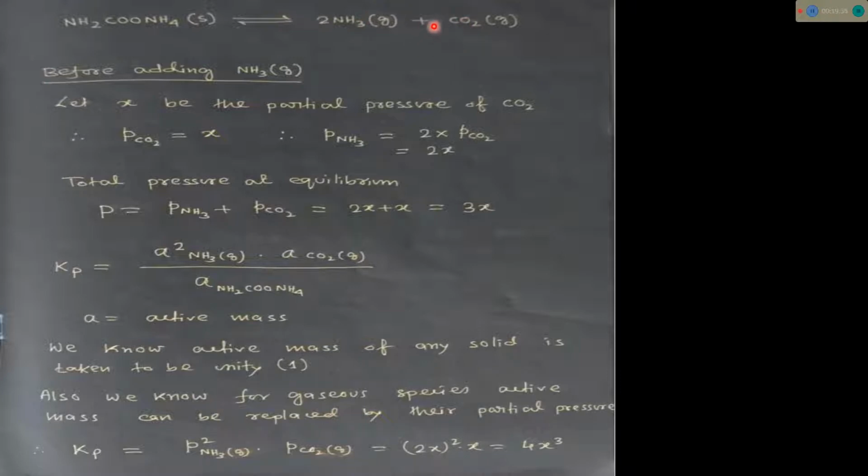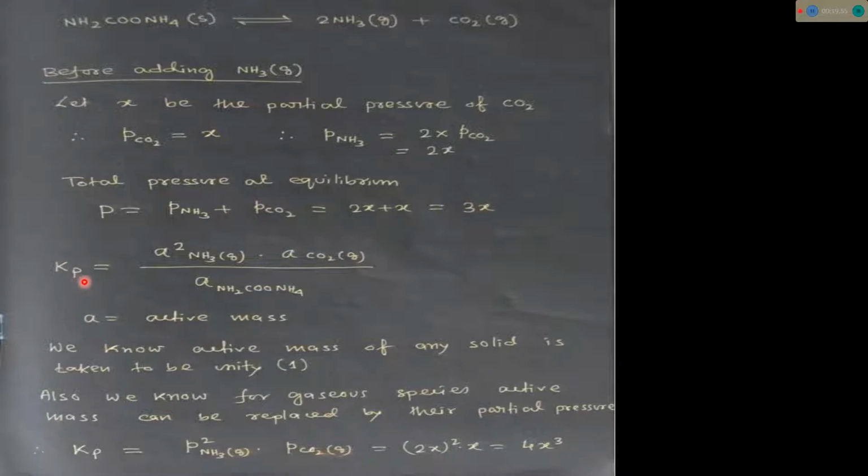Since 1 mole of CO2 is present, if we consider x as the partial pressure of CO2, then P NH3 should become 2 times P CO2, since 2 moles are present.